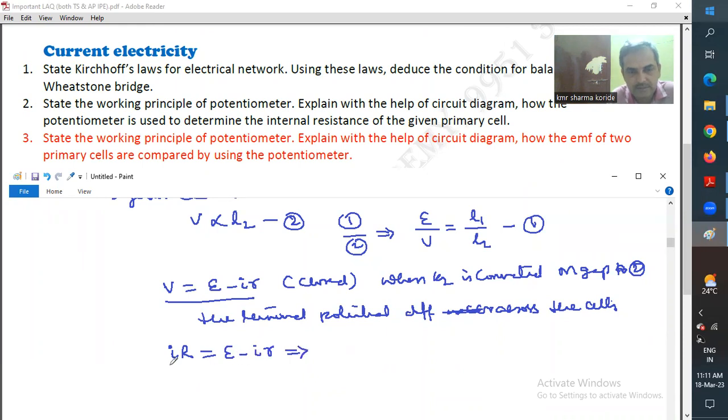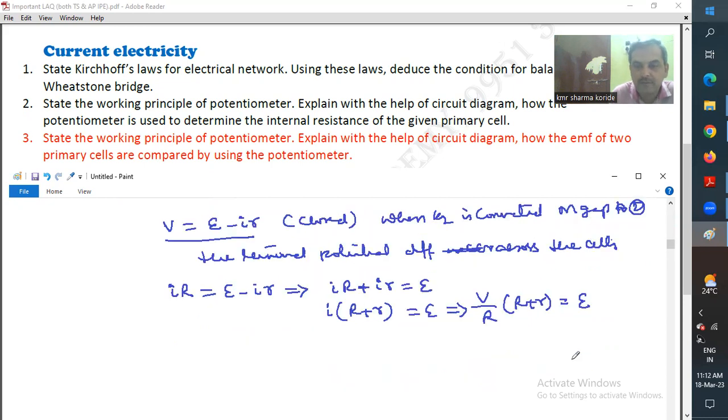Then you can write this as IR plus Ir is equal to EMF. Take out common I. This is going to be R plus r is equal to EMF. So once again, this I can be written as V by R, so V by R into R plus r is equal to EMF. Then finally, taking V down, EMF by V is equal to R plus r by capital R. So equation 2.